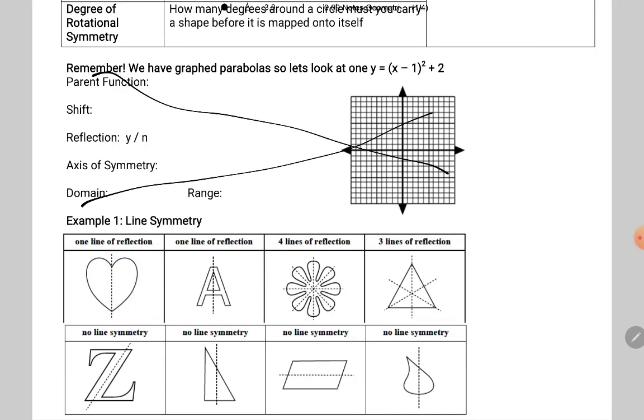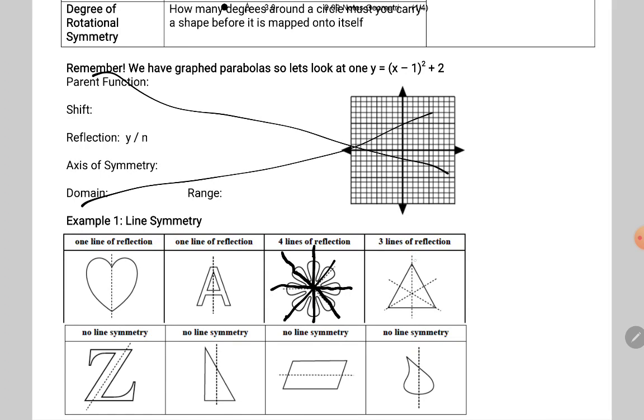This A has one line of reflection, but this clover here, with 8 petals, actually has 4 lines of reflection. You can cut it in half this way, that way, or that way, and the one half will always look like the other half.